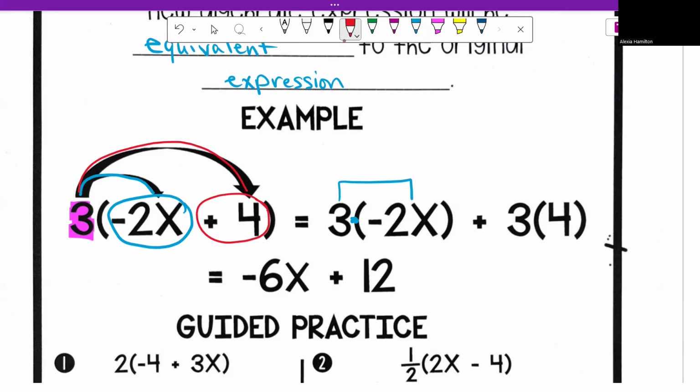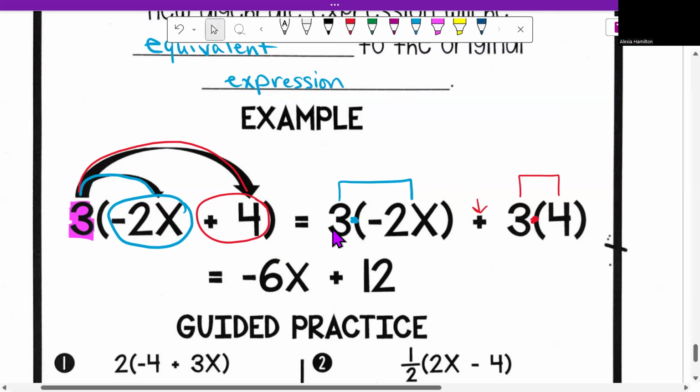The plus sign goes in between, mainly just because the 3 is positive, the 4 is positive, so I know I'm going to get a positive number, therefore plus sign. Quite honestly, you can always just put a plus sign in between your terms and then figure out whether the term is positive or negative and go from there. Okay, so then 3 times positive 4, that is where this comes from. And yes, we are multiplying.